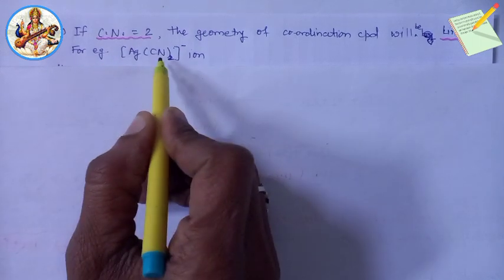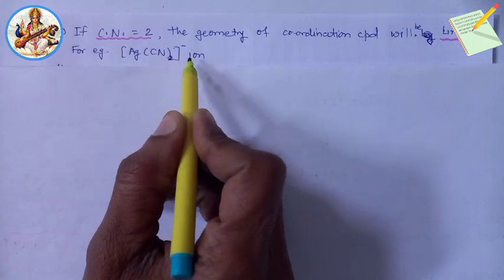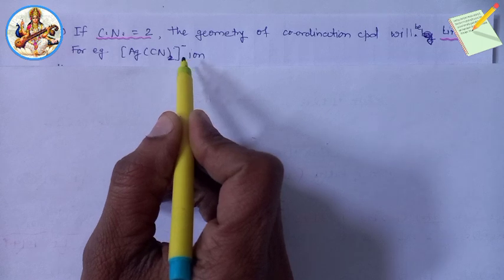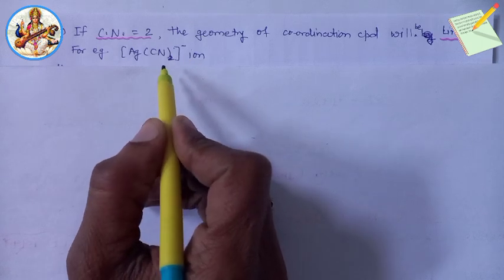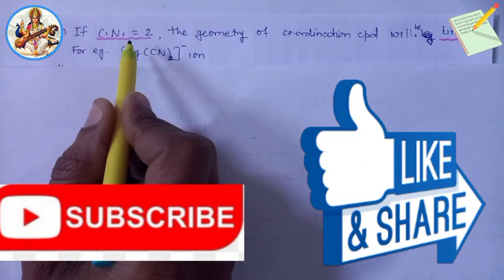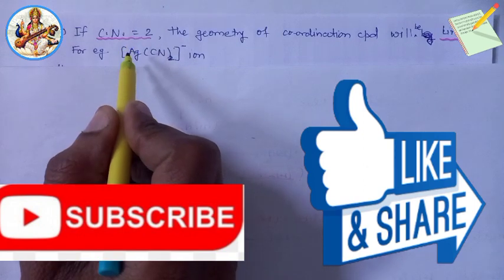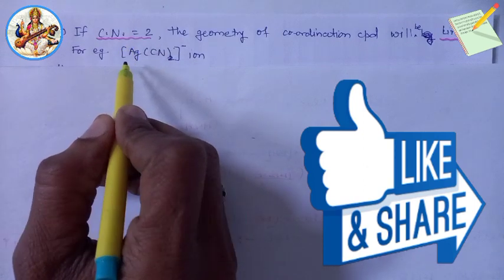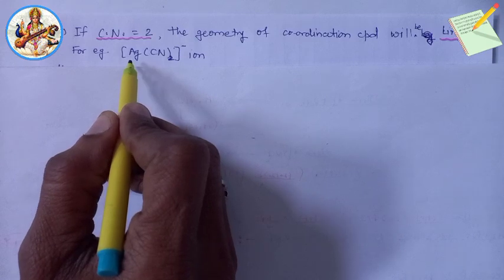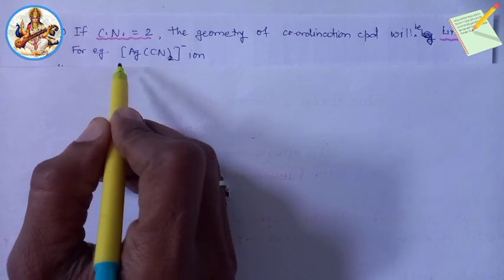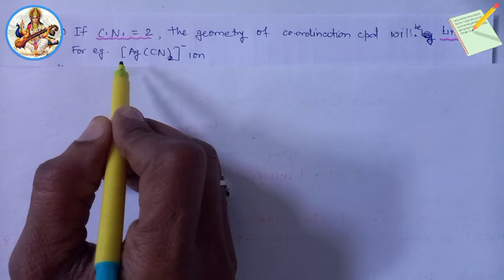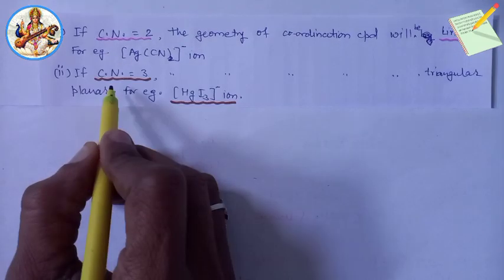For example, [Ag(CN)2]- ion. In this condition of coordination number 2, the hybridization state of the central atom is sp, therefore the geometry of the coordination compound or ion is linear.